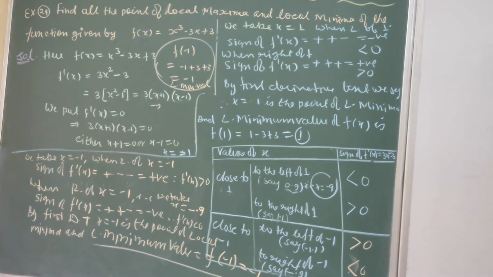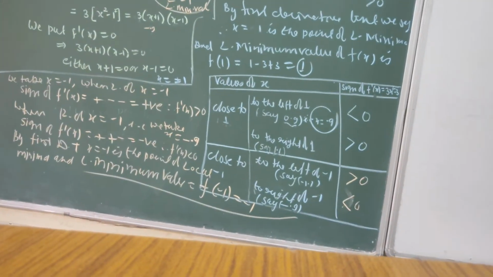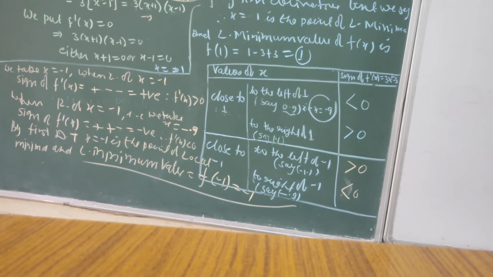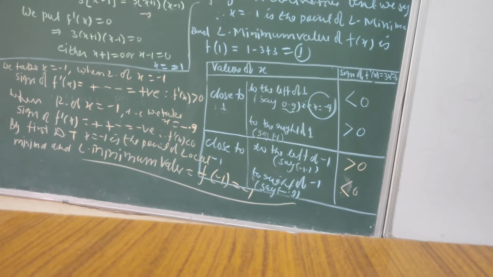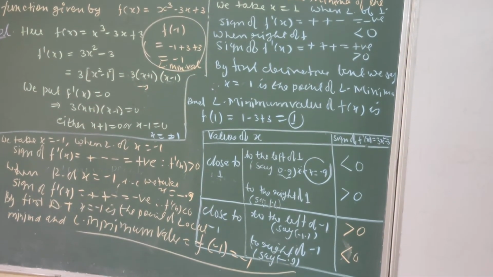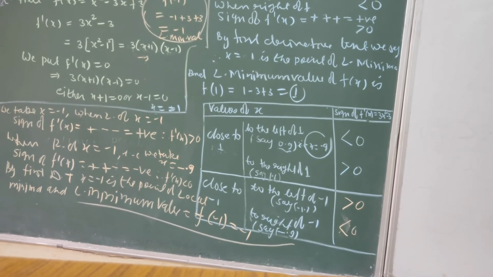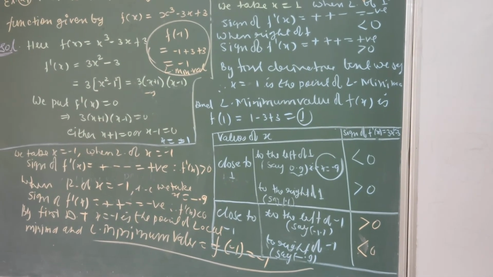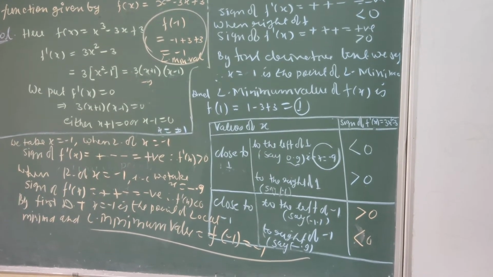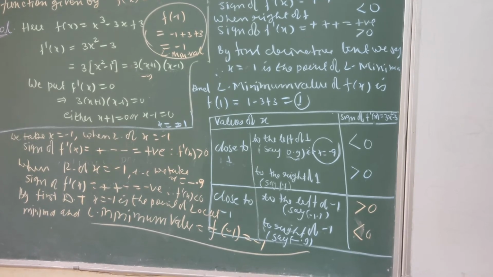So this is clear how we have to find the local minimum value and local maximum value by using the first derivative test. We can revise this. First of all find the derivative of the given function and put it equal to 0. Then find the values of x, which are known as critical points. After getting the critical points, one by one you take a point, take left of the point and right of the point, and check the sign of the derivative.